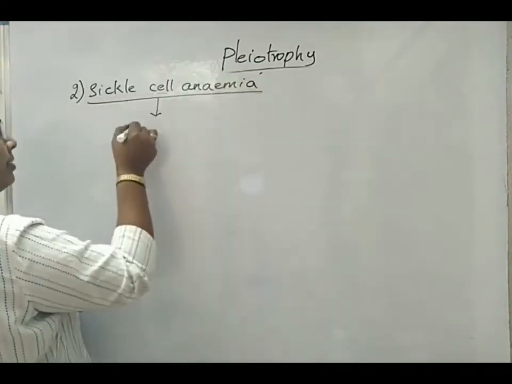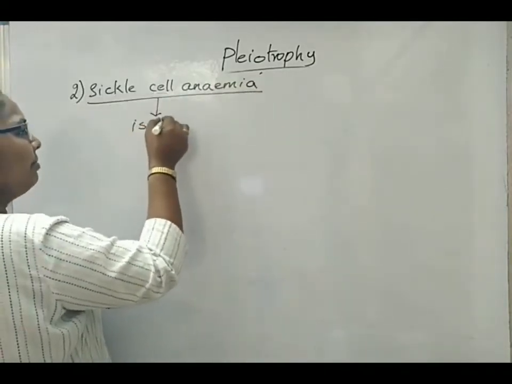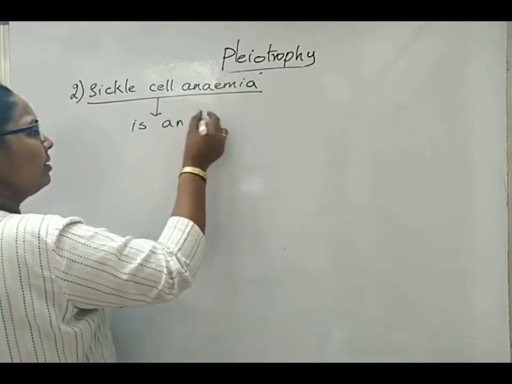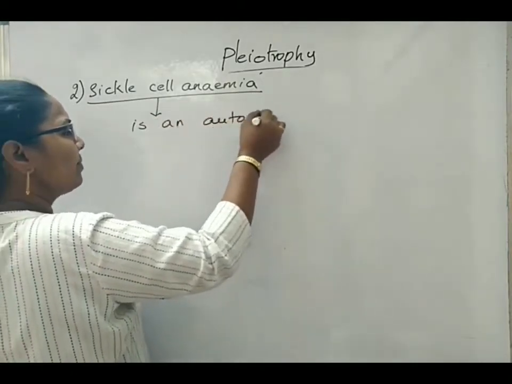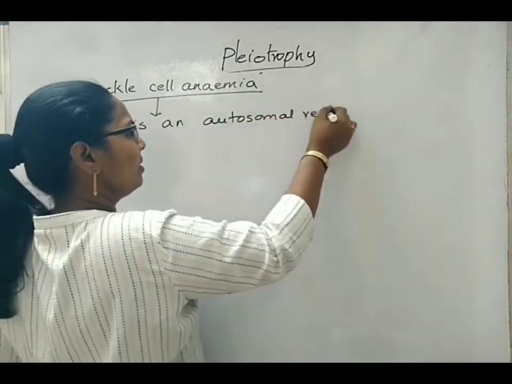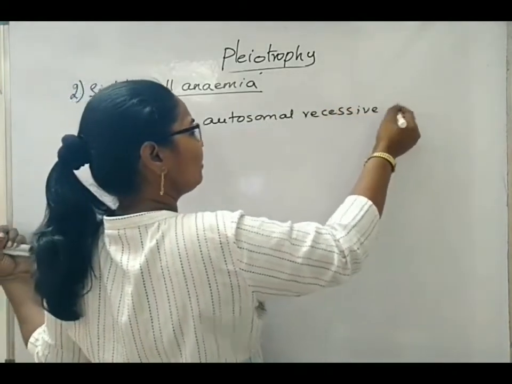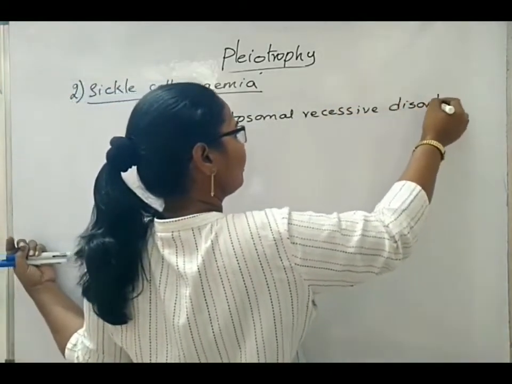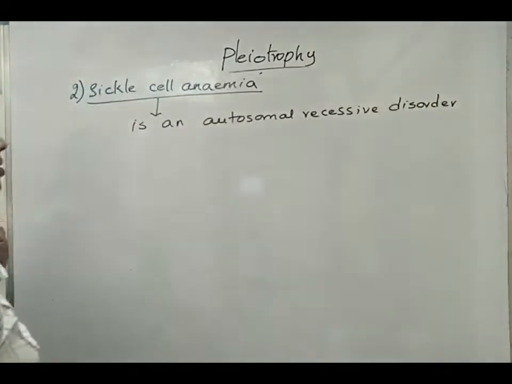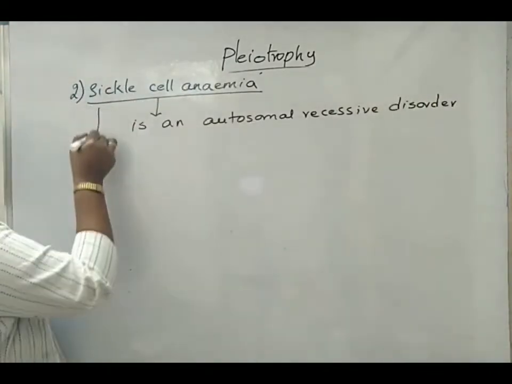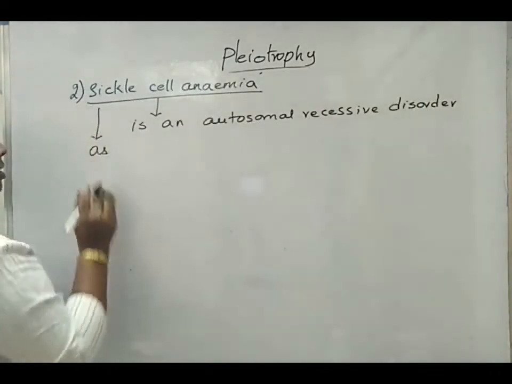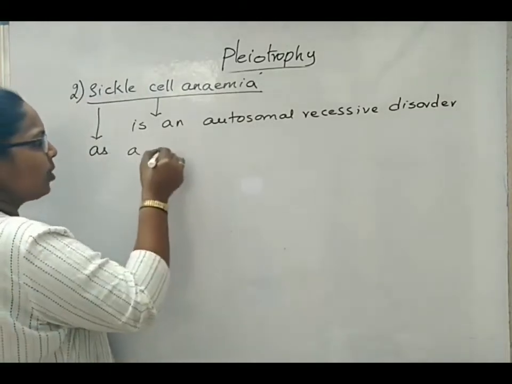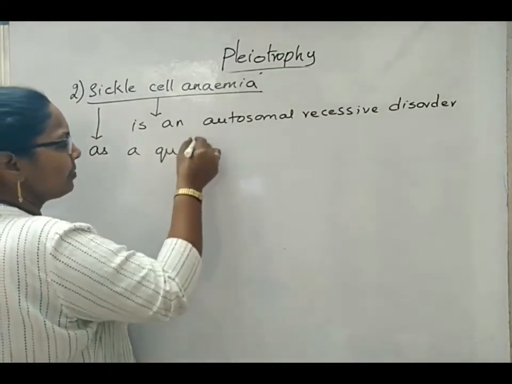Sickle cell anemia is an autosomal recessive disorder again. Now, this is also considered a qualitative inheritance.